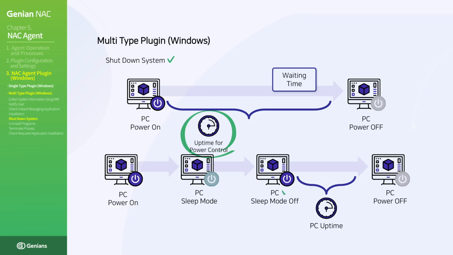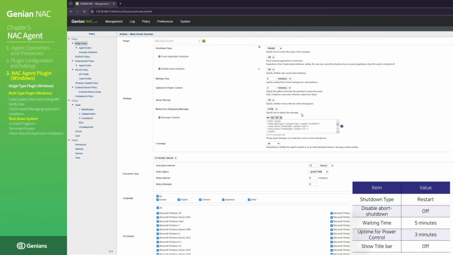When the device is in sleep mode, the Uptime for Power Control applies from the moment the sleep mode is exited, resetting the Uptime for Power Control start time accordingly. To control system operations through the shutdown system node action, the following configuration is required.